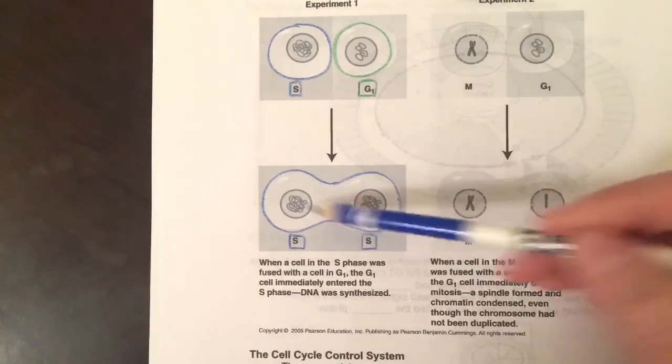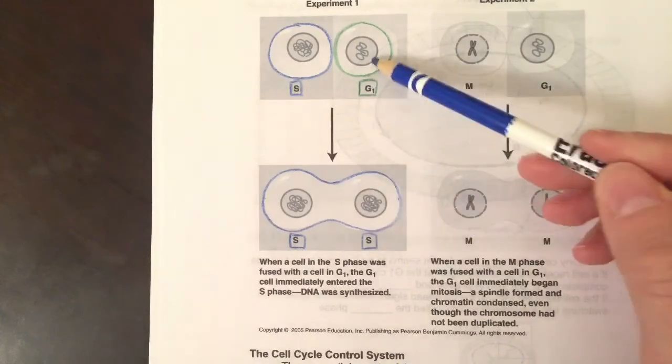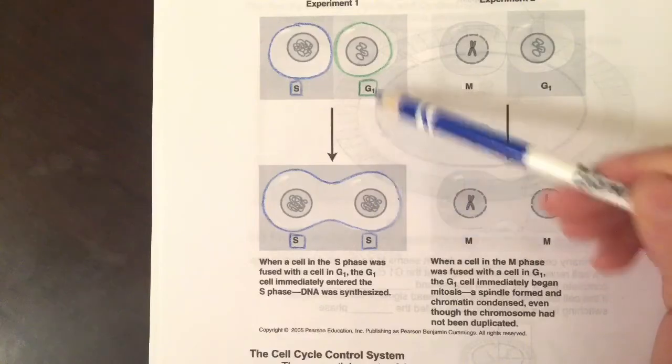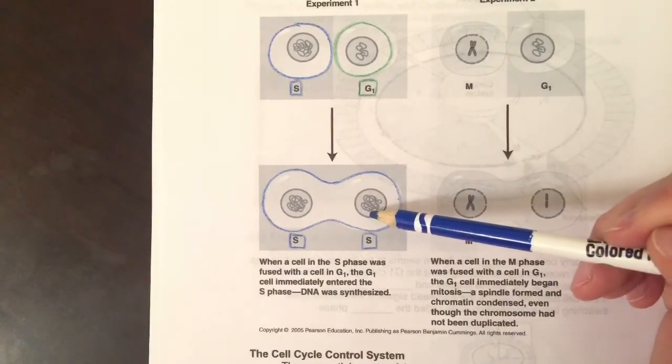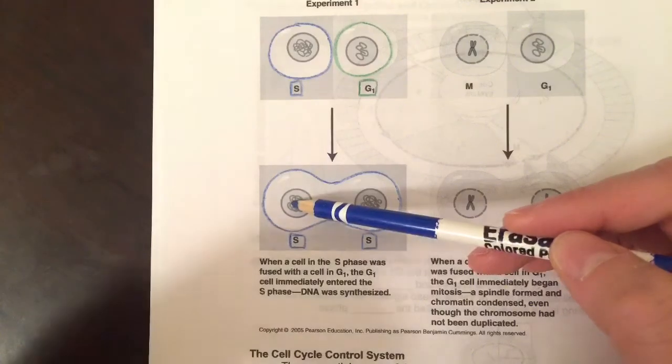So S follows G1, so is this one just progressing to the next phase from G1 to S? But this one didn't progress to the next phase, so why is that?